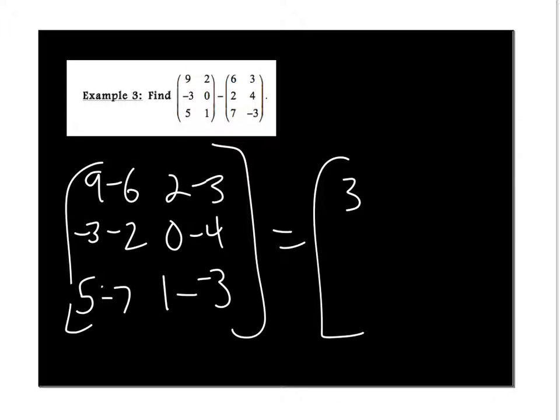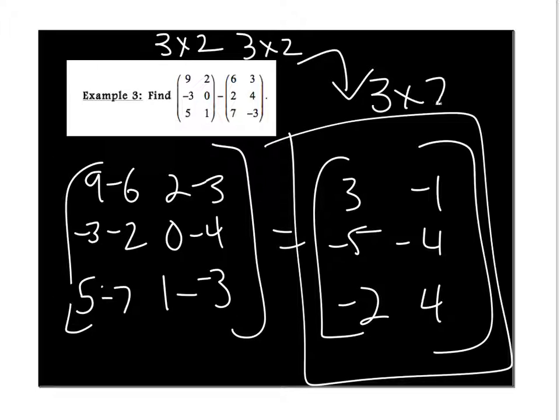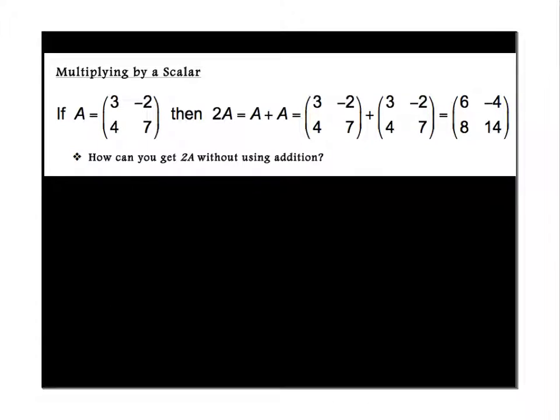So that's going to be 3, -1, -5, -4, -2, 4. That would be my full answer. Notice it's also the same size as the ones I'm dealing with. So these are going to be 3 by 2, 3 by 2. My answer should also be a 3 by 2. Again, row by column.